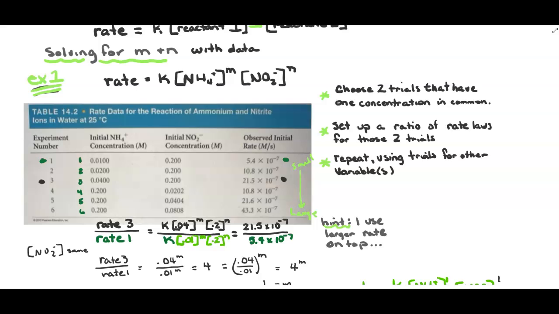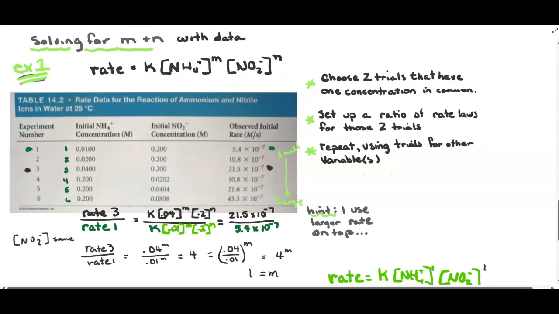So I'm going to just do the math. k divided by k is 1. Anything divided by itself is 1. 0.04 to the m divided by 0.01 to the m remains. 0.2 to the n divided by 0.2 to the n, well, those are the same. They cancel out. They're equivalent to 1. And 21.5 divided by 5.4, well, that's 4.